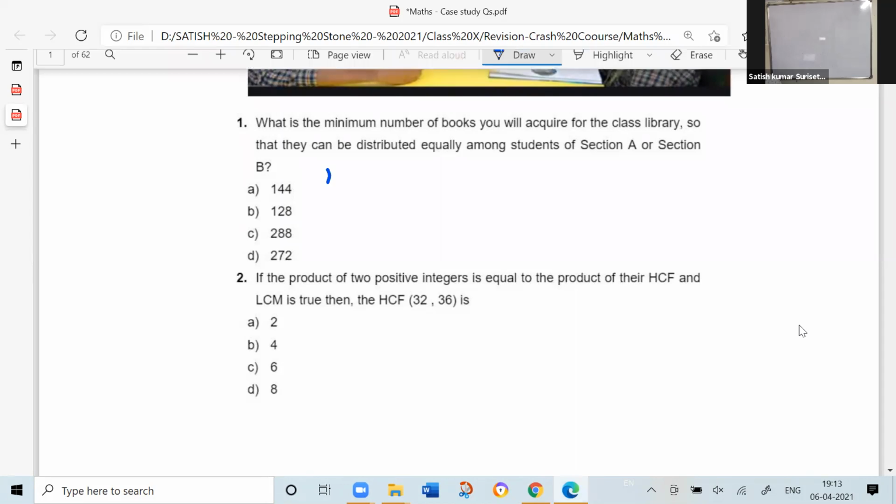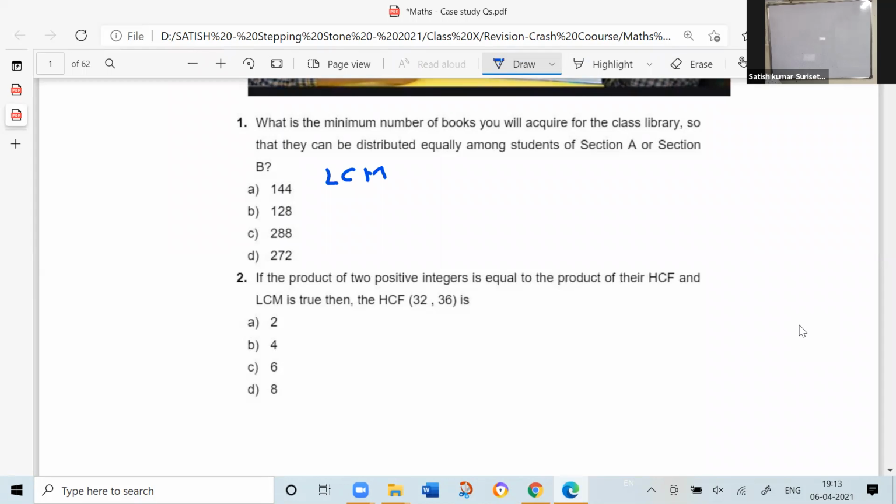So what you have to calculate? LCM of which numbers? 32, 36. So the answer? Check, is it 288 or not?